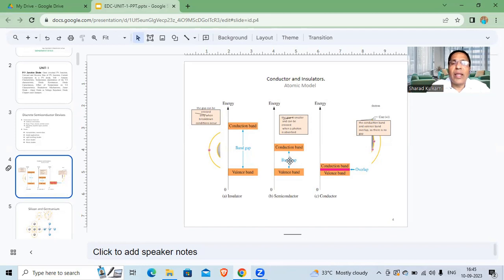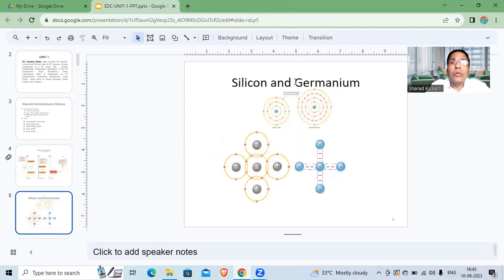Semiconductor behavior lies in between conductor and insulator. Our interest is only in semiconductors because the material used for fabricating a diode is a semiconductor. Examples of semiconductors are silicon and germanium.